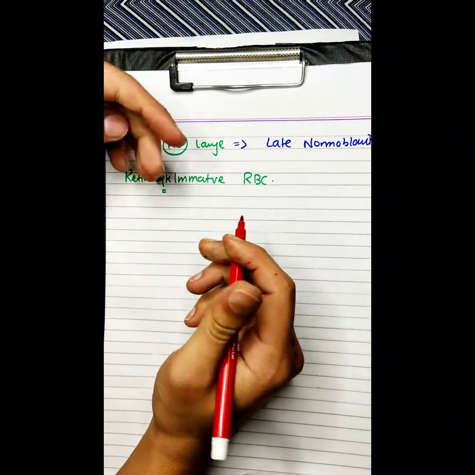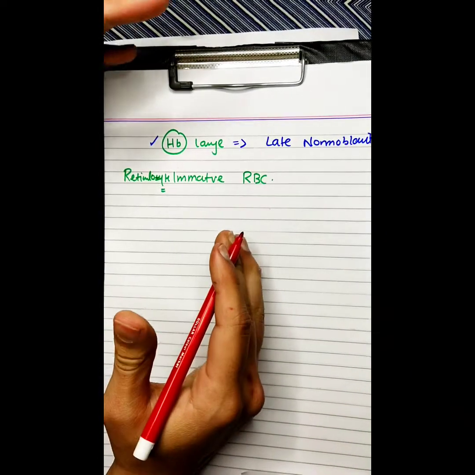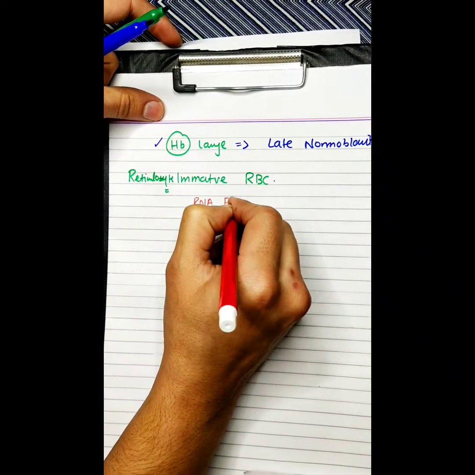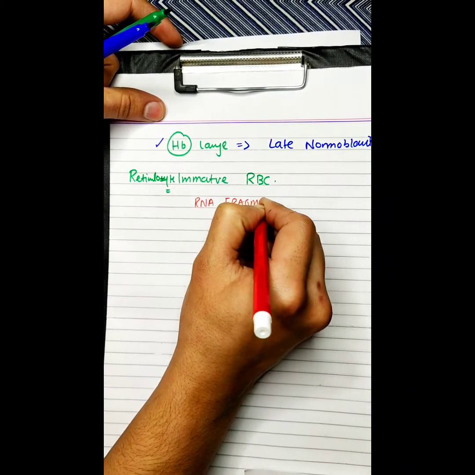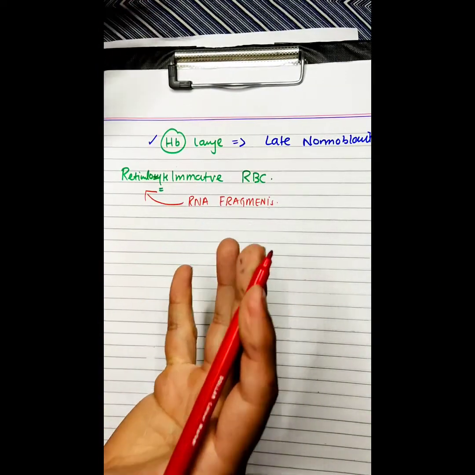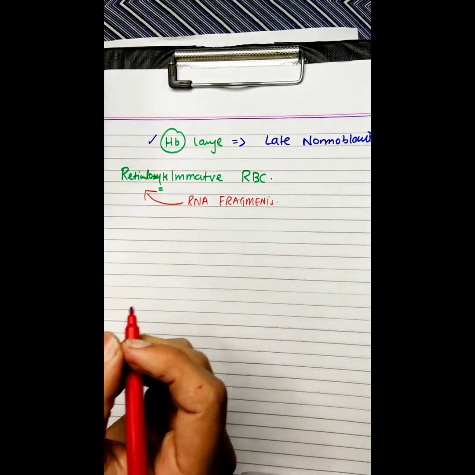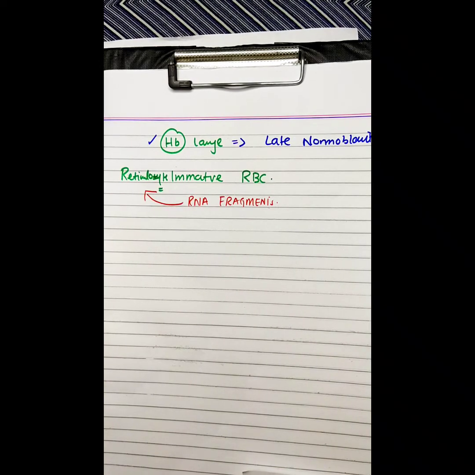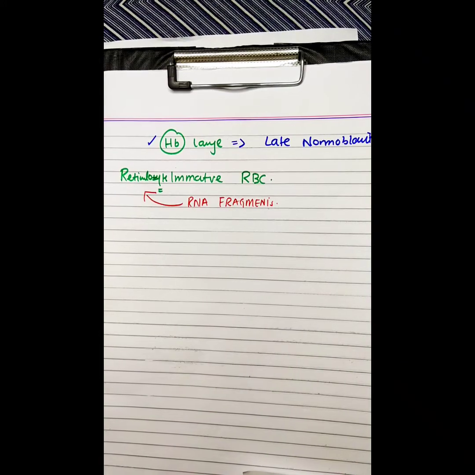You should remember that there are RNA fragments which are the reason why it is called reticulocyte.